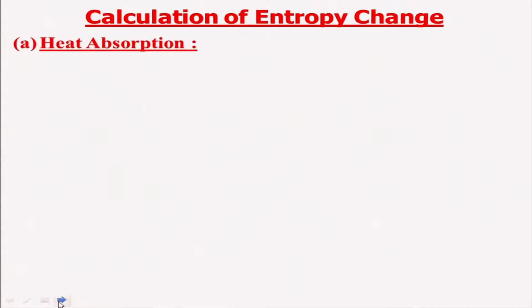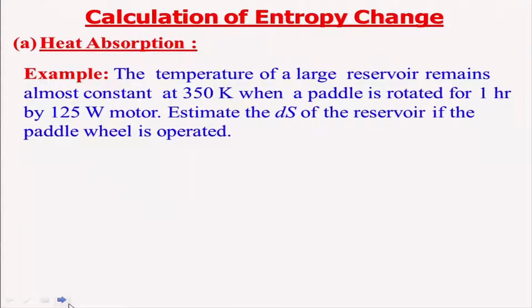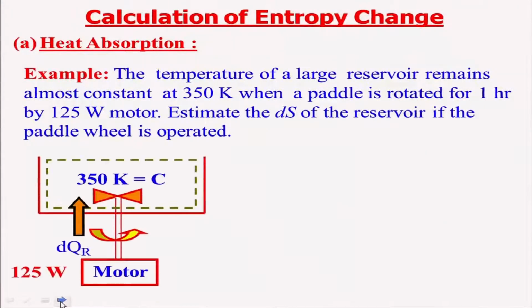Let us look at the entropy change for a heat interaction. Let us take an example: the temperature of a large reservoir remains almost constant at 350 Kelvin when a paddle wheel is rotated for 1 hour by using a 125 watt motor, and we need to estimate the change in entropy of the reservoir if the paddle wheel is operated in a very slow manner, so that one can think of reversible kind of things.